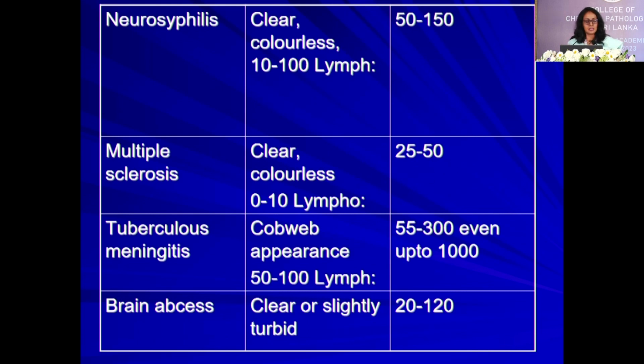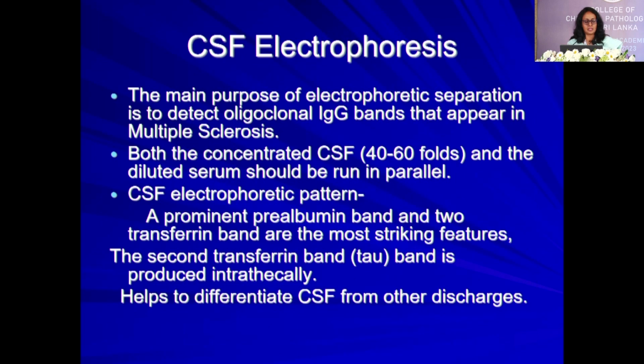So we have to concentrate the CSF protein and then do the electrophoresis, otherwise we are not going to get a band. We concentrate the CSF 40 to 60 fold, and the diluted serum should be run in parallel, then only can we see the extra band in the CSF protein.